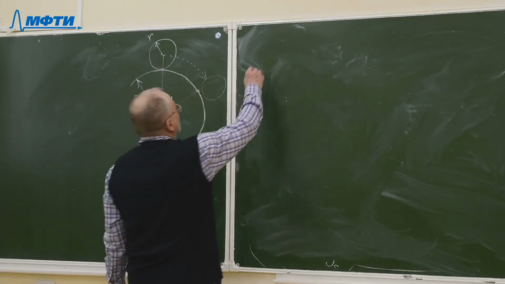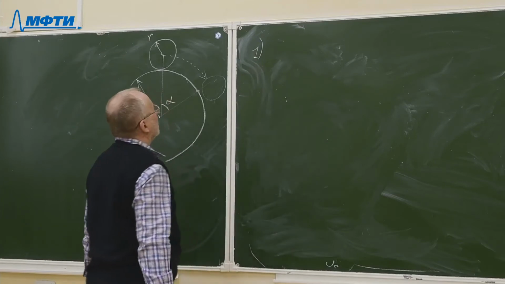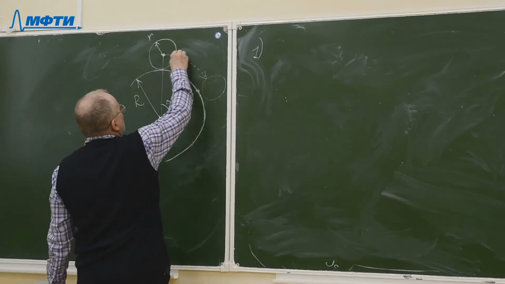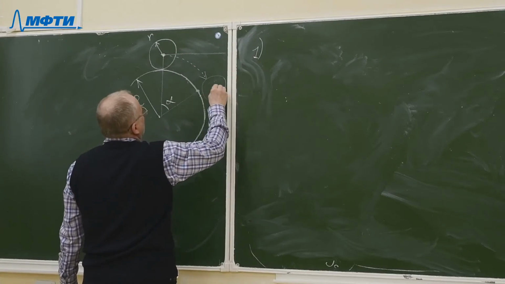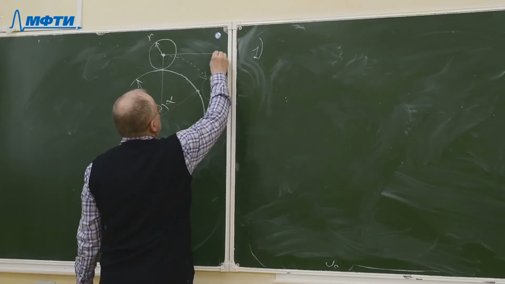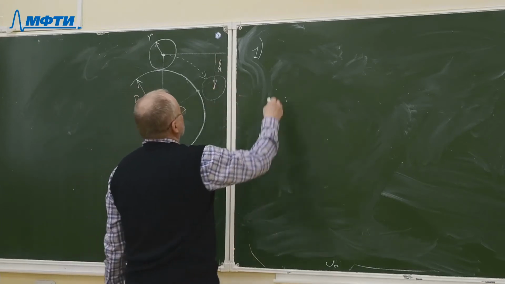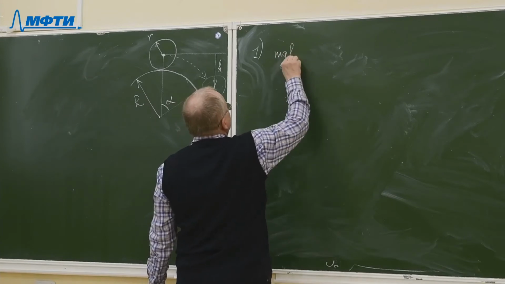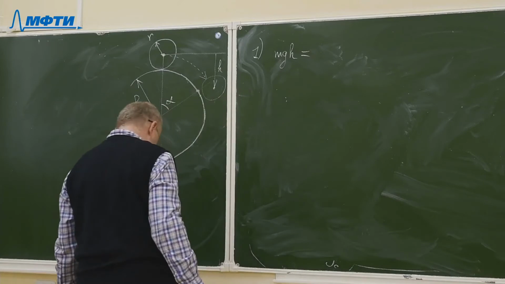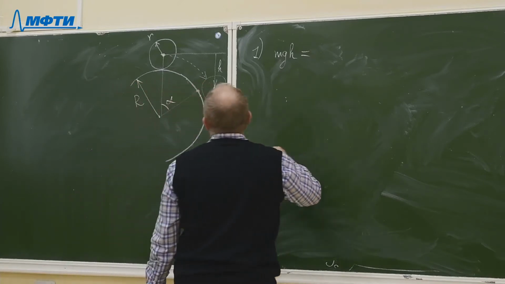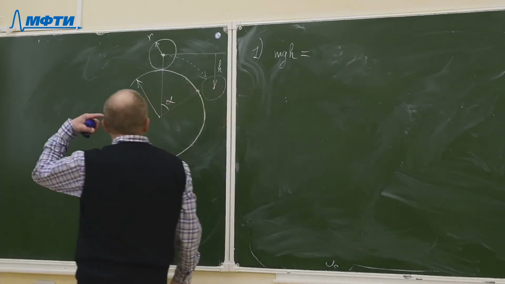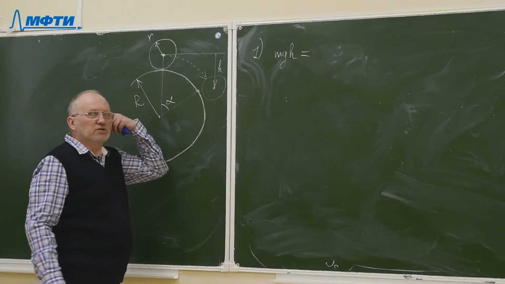Again, we can use the law of conservation of energy here, which will give you the simple result that the loss of potential energy of the sphere will go to the increase of its kinetic energy. But in this particular case, the kinetic energy of the sphere will consist of two terms.